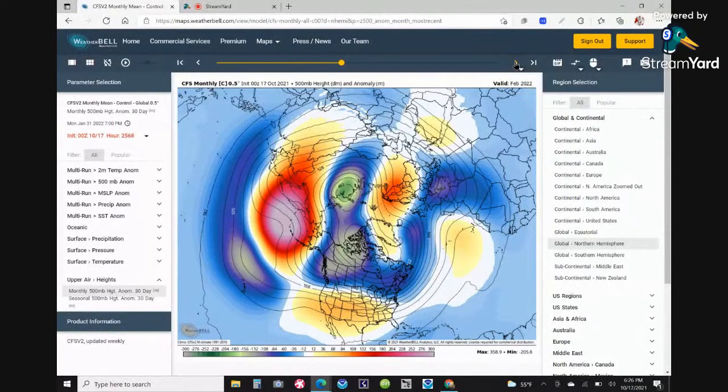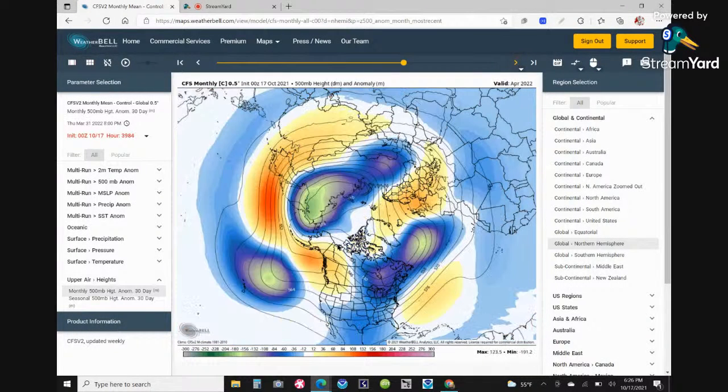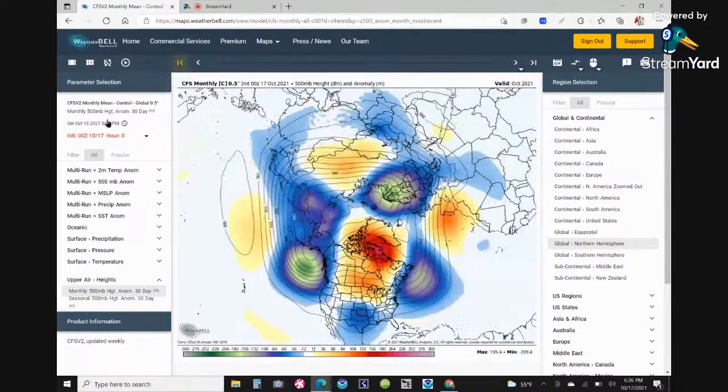Here's February. Here's March, and here's April. This would be definitely below normal temperature wise, and a stormy pattern. Excuse me. Okay, we'll go back.